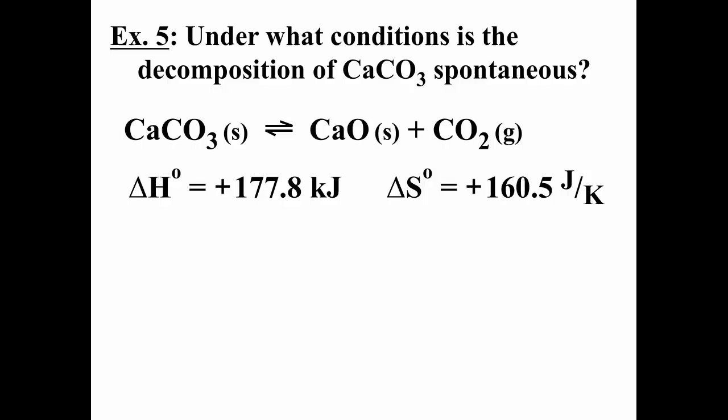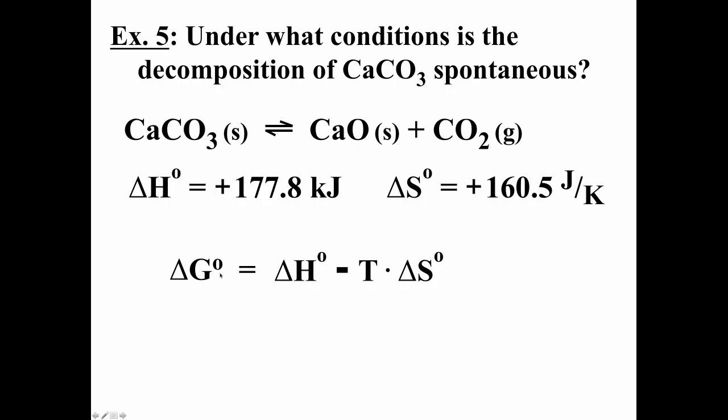And at 1000 degrees Celsius, the delta G was negative 26.5, so the reaction was spontaneous at that temperature. Now, what's the temperature at which the reaction goes from being spontaneous to not spontaneous?